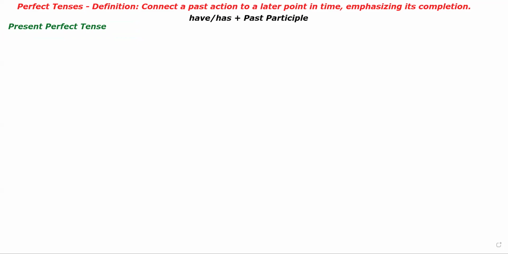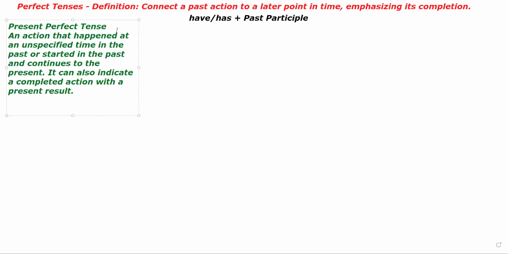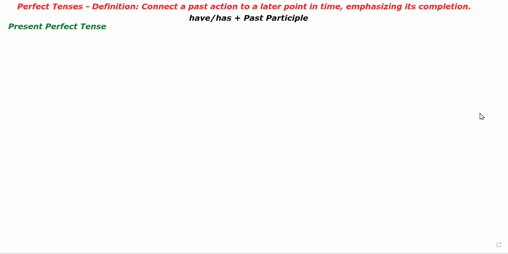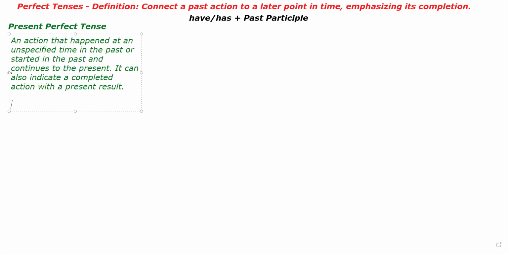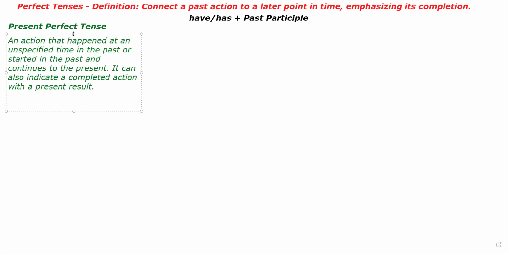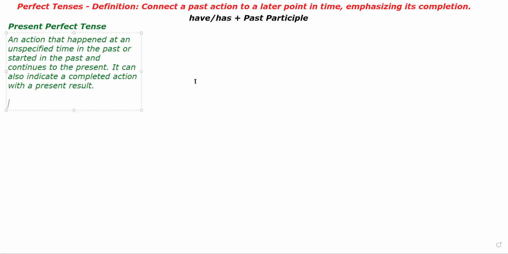We're just going to do a little definition here. Let's read it here. Can you read it for me? An action that happened at a specified time in the past or started in the past and continues to the present.